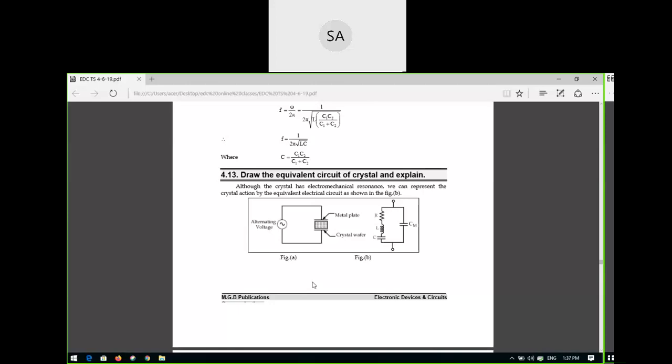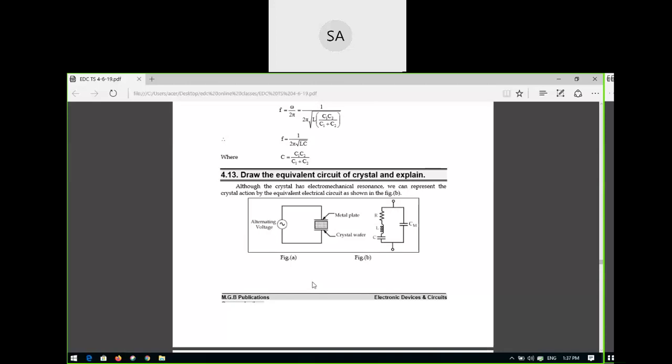It will always generate a constant frequency, without any limitations, giving constant output oscillations. That is the reason it is mostly preferred in any microprocessor, microcontroller, or digital systems. They use the crystal oscillator as the major oscillator.